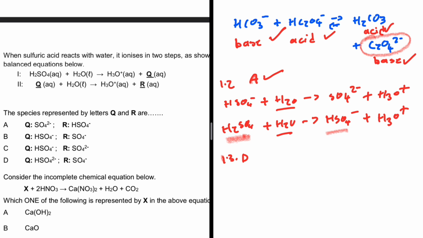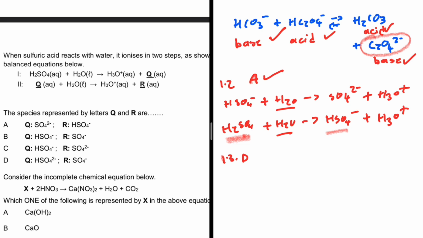It can donate 2 protons. In reaction 1, it donates the first proton, and then in reaction 2, it donates the second proton. While HCl is monoprotic because it can only donate 1 proton, right? So that is another concept that we brushed over when we were touching on the basics.